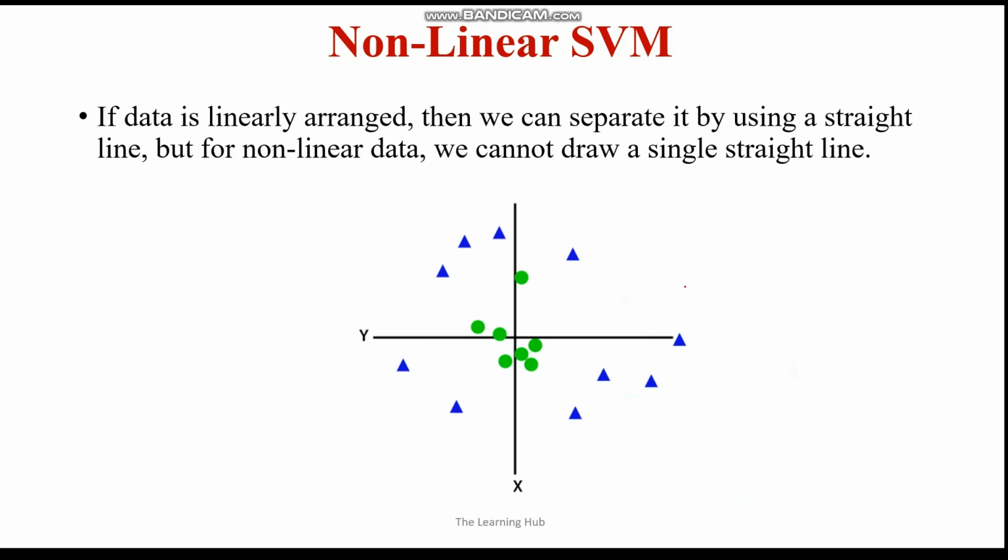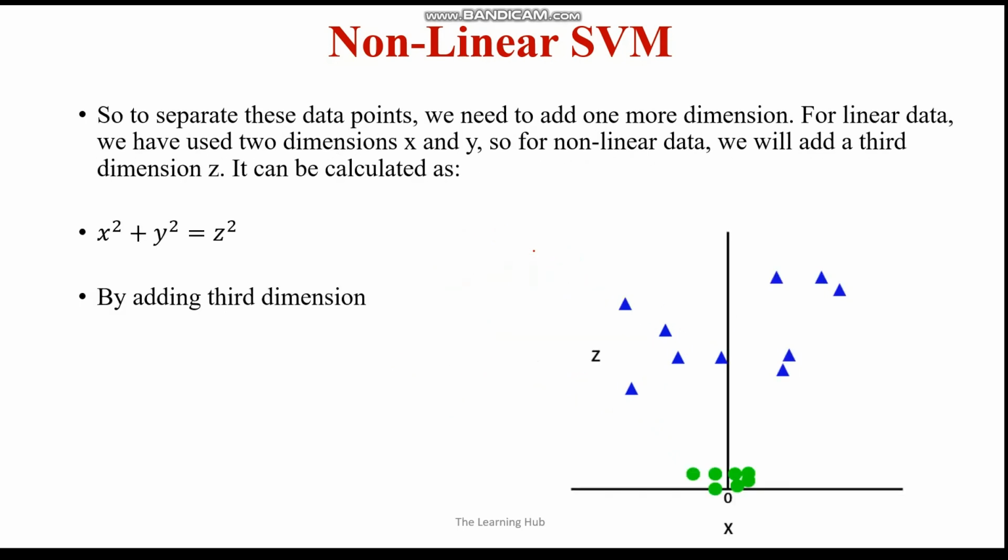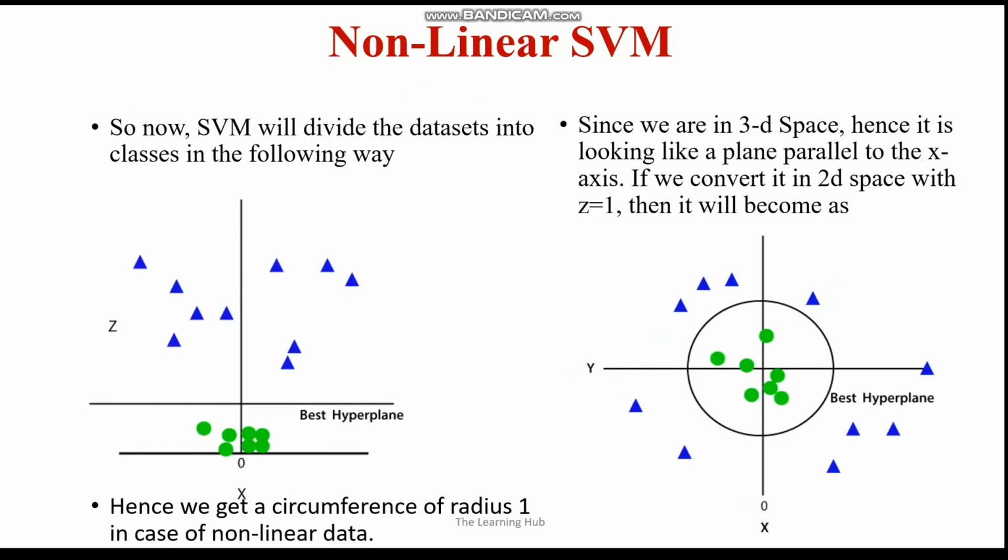If we have to separate this data, then we have to go with this dimension, that is, along with the x and y axes we will get the z. So here the equation will work as x square plus y square equals z square. So we have added the third dimension when we are working on the non-linear SVM. This third dimension will give the separation in case of non-linear SVM.